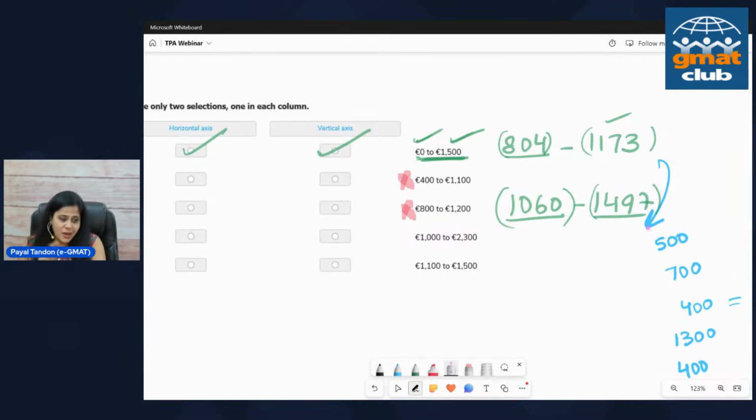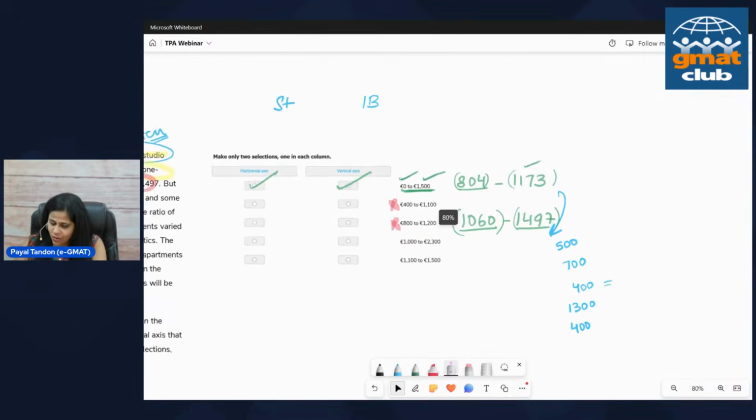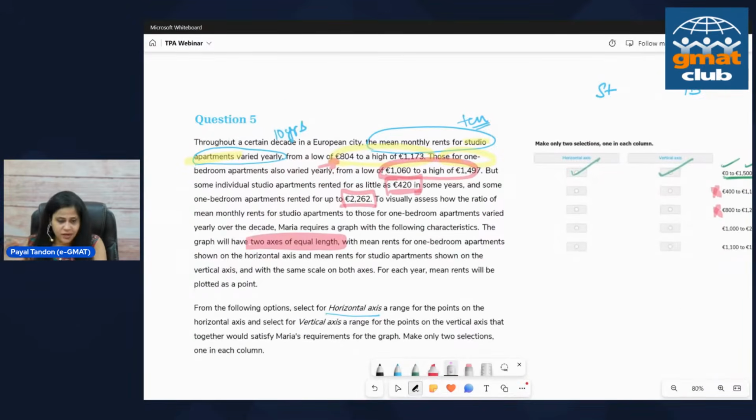Now why only these points and why not the outliers? Because outlier information is just given there, right? Look at what we are plotting. She's plotting mean rents as a point. She's not plotting those outliers, and that's very important. That's the reason why we don't really have to worry about these points over here.